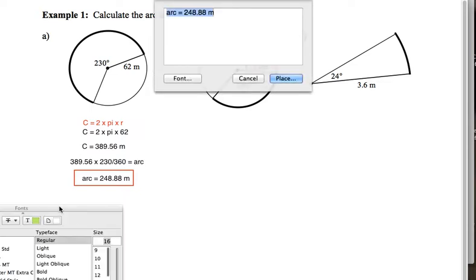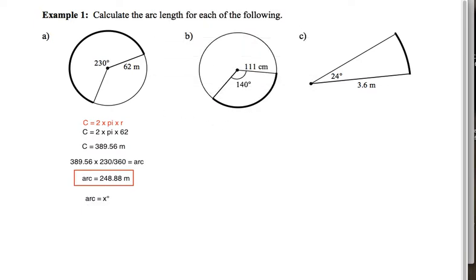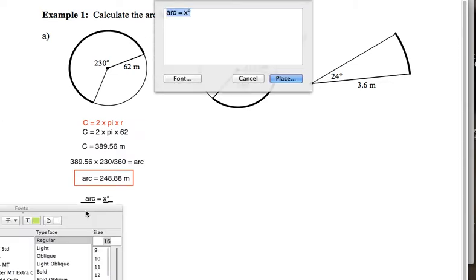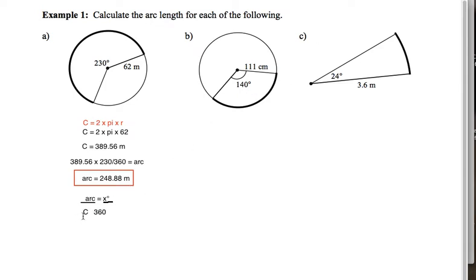It's like this. You say that the arc is equal to, let's say, the number of degrees in the central angle. I'm going to say x degrees divided by 360. And really what this means is it's a proportion. The proportion is that the arc over the circumference is the same proportion as the central angle divided by 360.